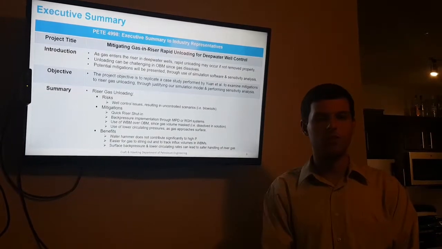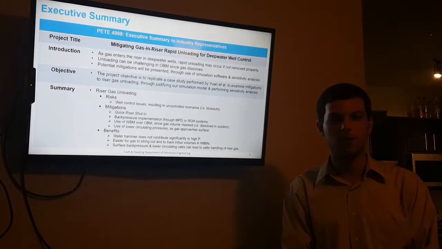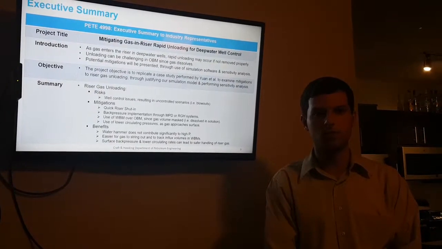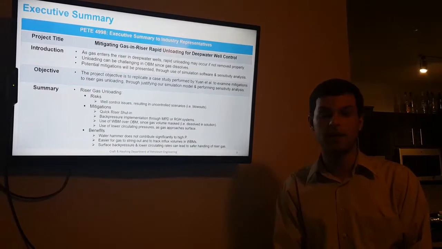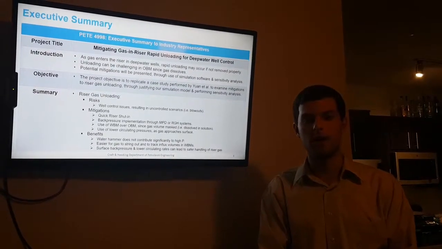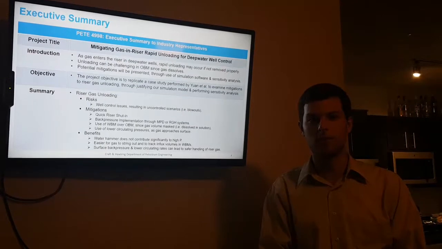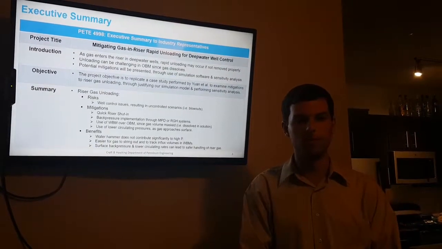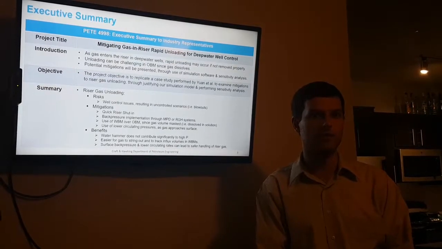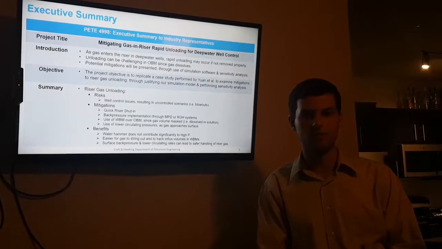So the summary consists of looking to the risk of riser gas rapid unloading, which consists of well control issues, looking to mitigations to these risks, which consists of managed pressure drilling and using surface back pressure, especially for oil-based muds in which the gas is dissolved in solution, and then using lower circulating pressures, especially when the gas is approaching surface.